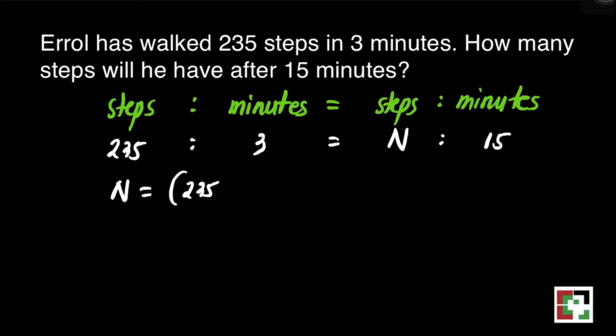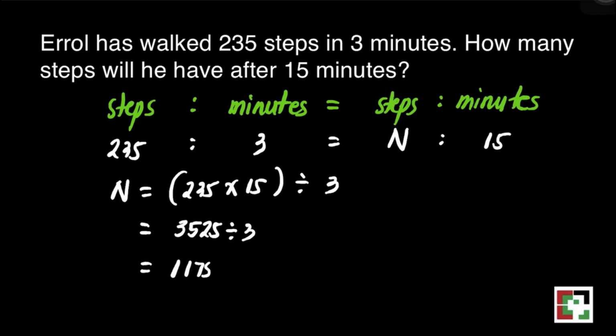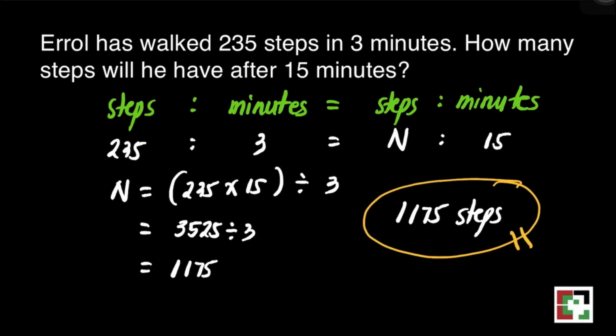N is equal to 235 times 15 divided by 3. If you're going to solve 235 times 15, that will give us 3,525 divided by 3. It will give us our final answer of 1,175 steps. And it's so easy, and I know you can do it.